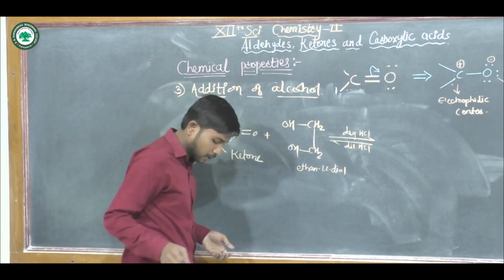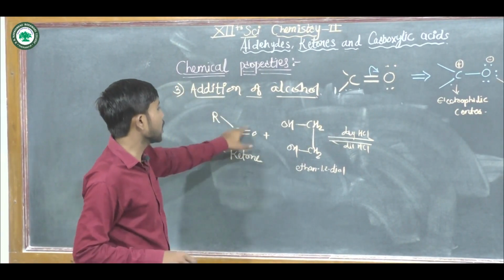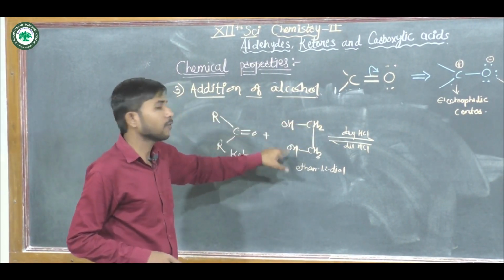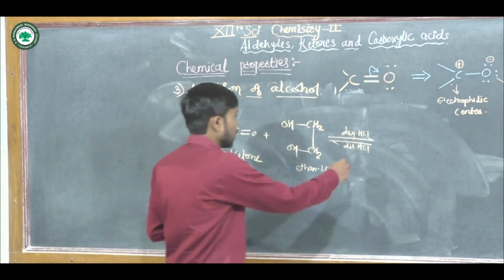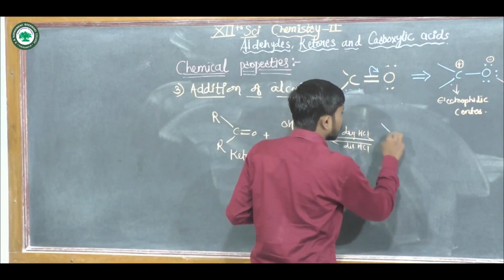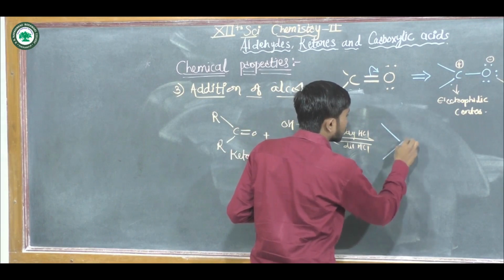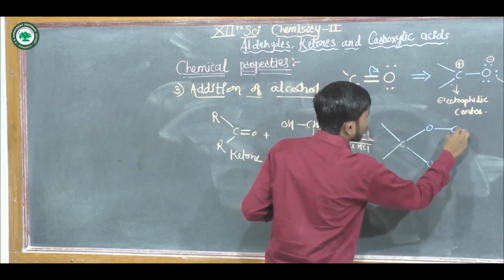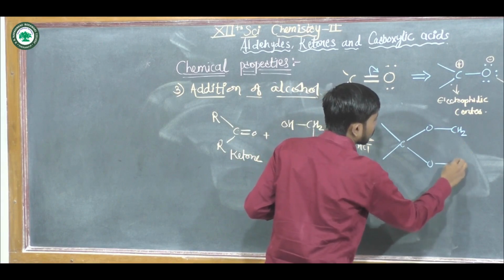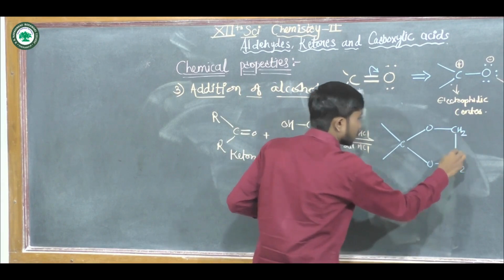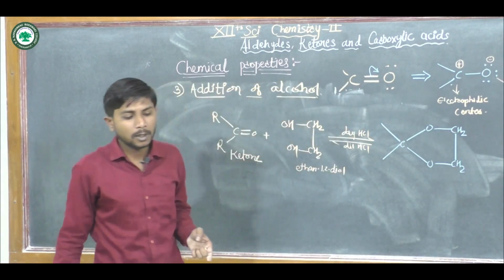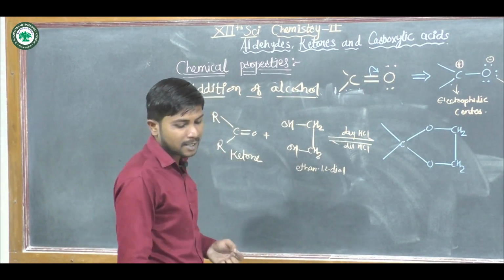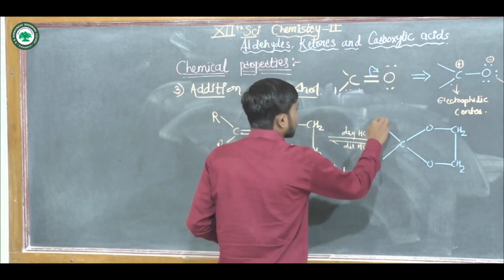This will be the first, second, third, fourth and fifth. What is the structure? This will be the structure of cyclic ketal.